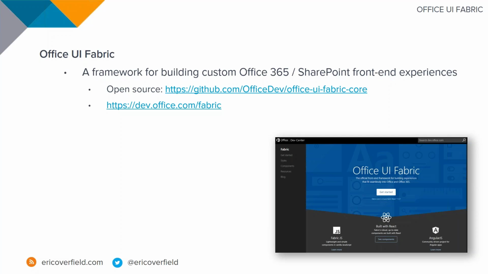It is open source, maintained by Microsoft, but completely open source, so you can take anything that they've done and tweak it to match your specific needs. We're going to look at that on my last demo. We're going to see what we could do to make some changes to some implementations, some components they provide. If you want to learn more about Fabric in general, you'll go to dev.office.com/fabric, and we're going to look at that page as well in a second.